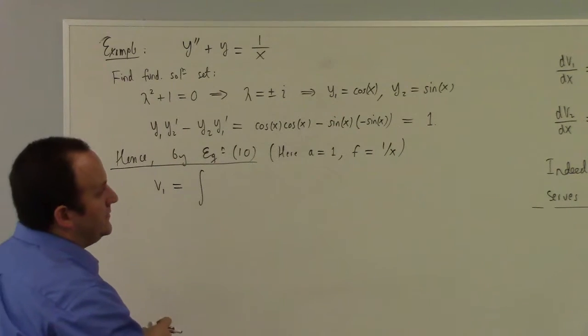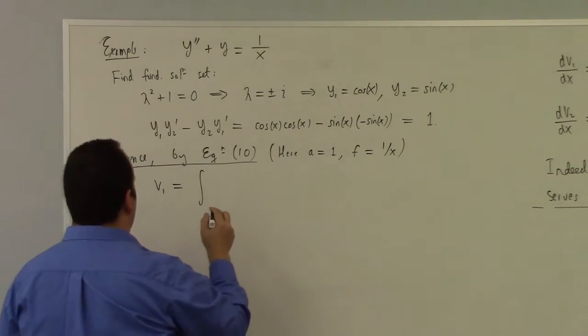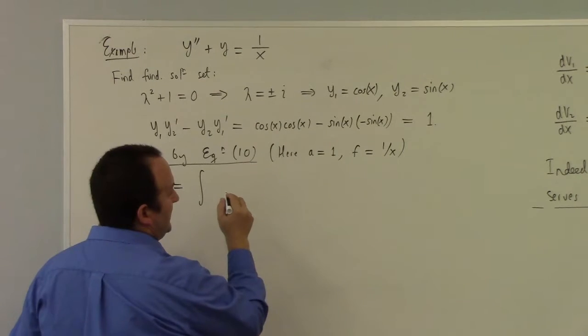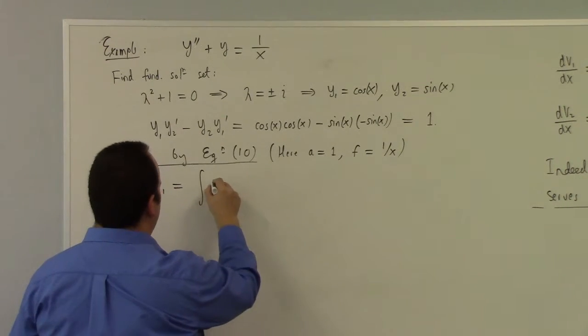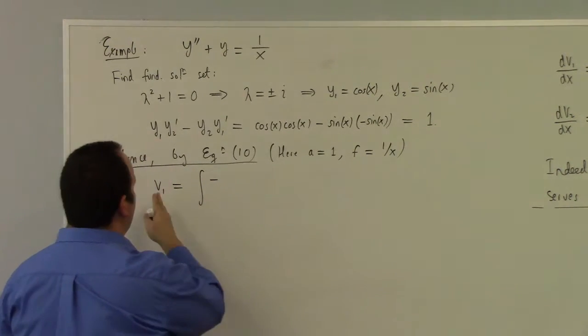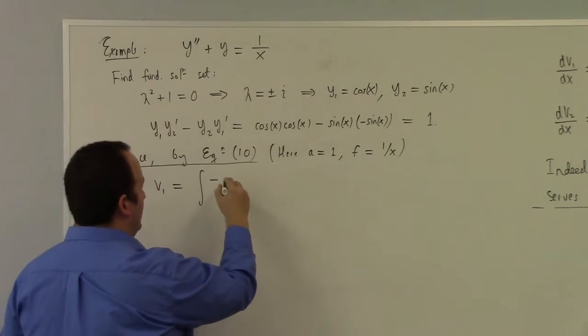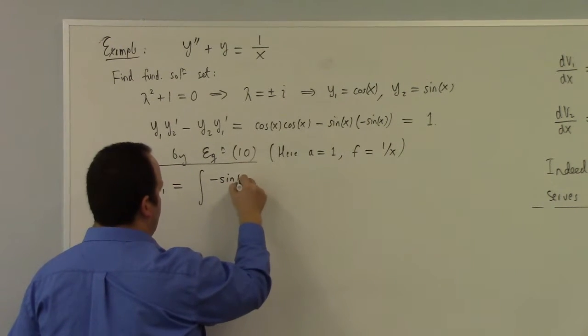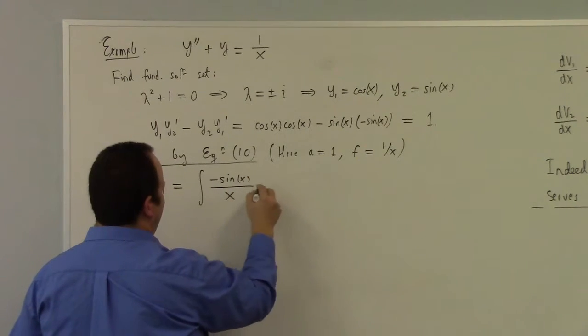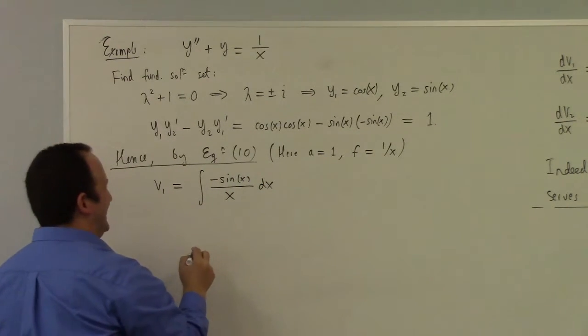Okay, so. Oh, yeah, now we have to face the music. So minus, what is it? Now, V1 has y2 in it, all right? So minus sine of x.